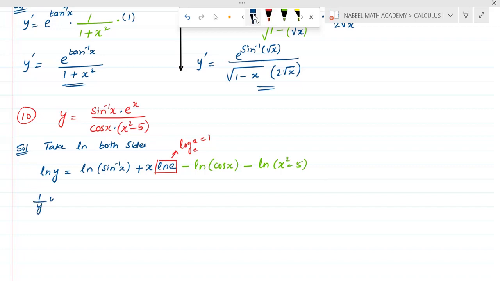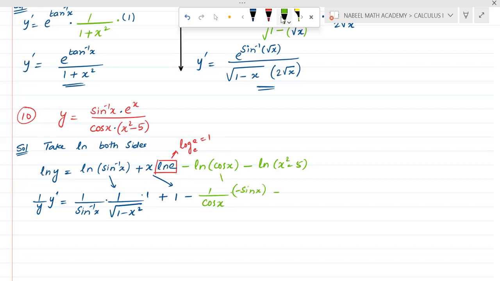Now what is the differentiation? 1 over y times y prime. What about this one? First you have to do the ln, 1 over sine inverse. When you do the sine inverse, 1 over square root of 1 minus x square. When you do the x, we will get 1. We will get 1 plus the second part. This is the first one. What is the second one? The x differentiation is 1, because of this the part becomes 1 minus. What about this one? Here also the same thing. ln first differentiation is equal to 1 over cosine, cosine differentiation minus sine.